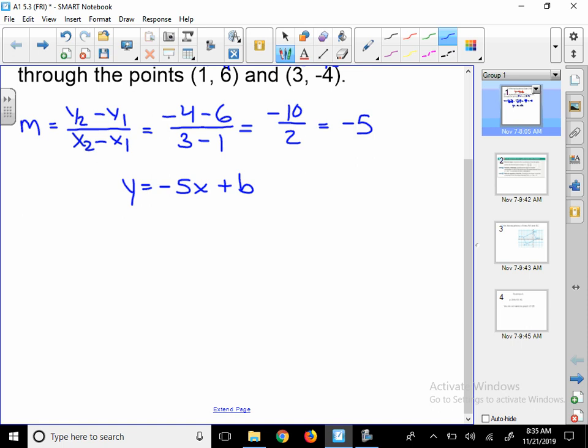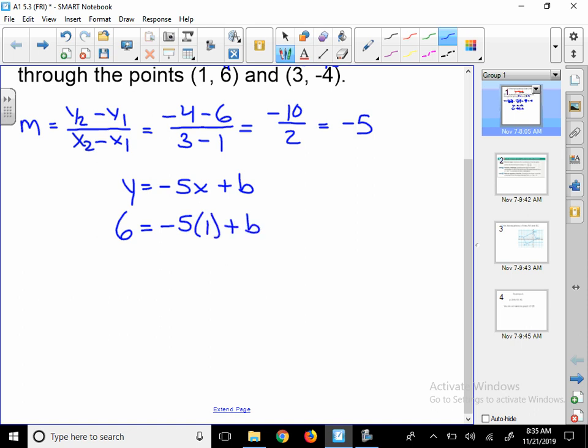Now, looking from your guys' perspective, I know you guys don't like negative numbers, so I'm probably not going to use (3, -4). You could. It does not matter. You would get the exact same answer. Okay, but for whatever reason, you guys like positive numbers more than negative numbers, even though they're the exact same. You can plug in 6 is equal to -5 times 1 plus b.